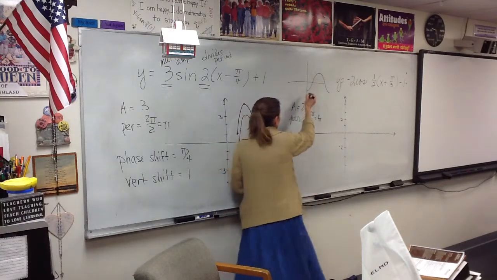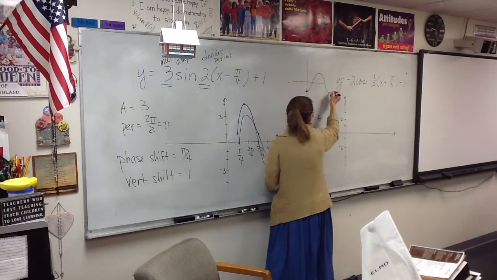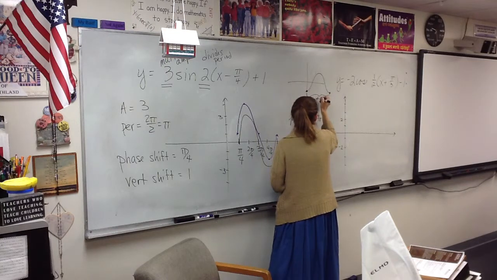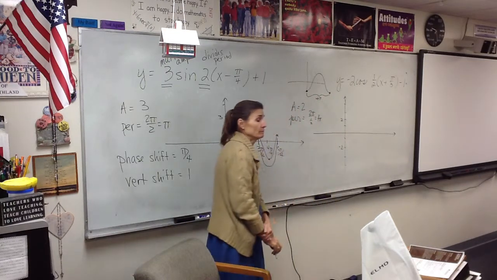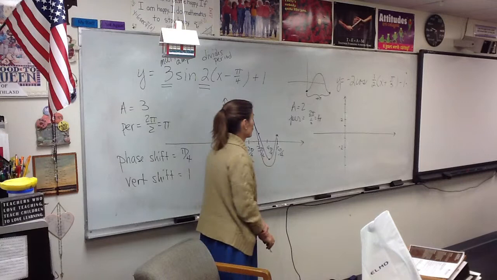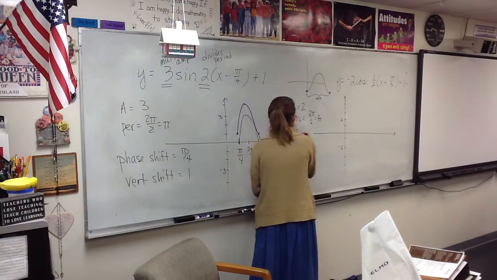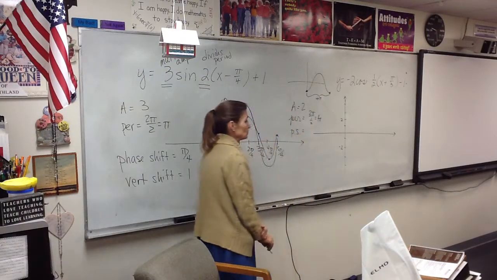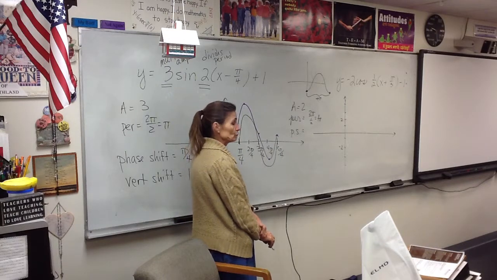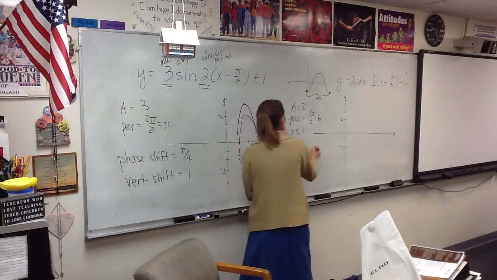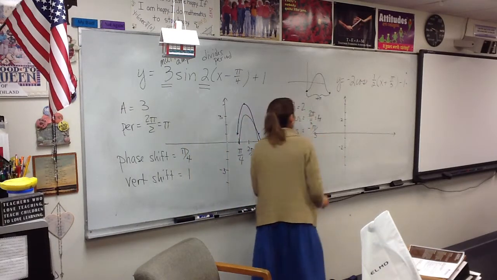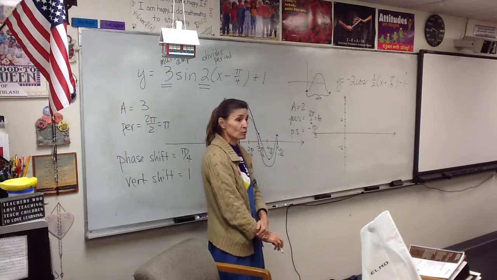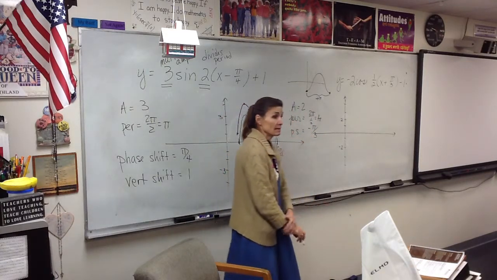That means that from the bottom of the valley to the bottom of the valley, that space is going to be 4 pi. What's my phase shift? Left pi over 3. We will either write left pi over 3, or indicate that with a negative.